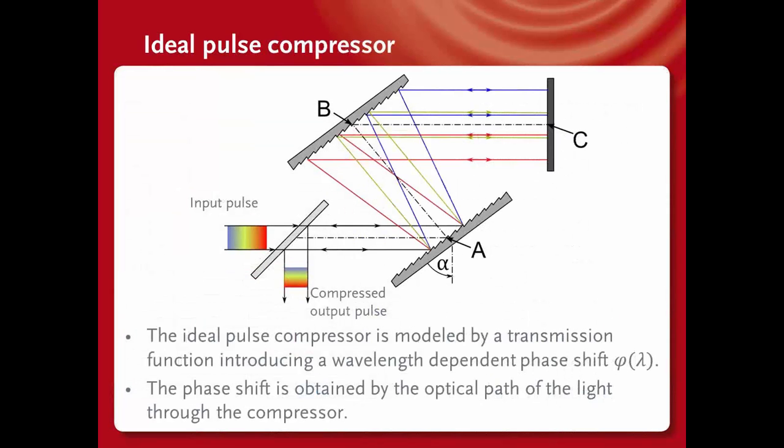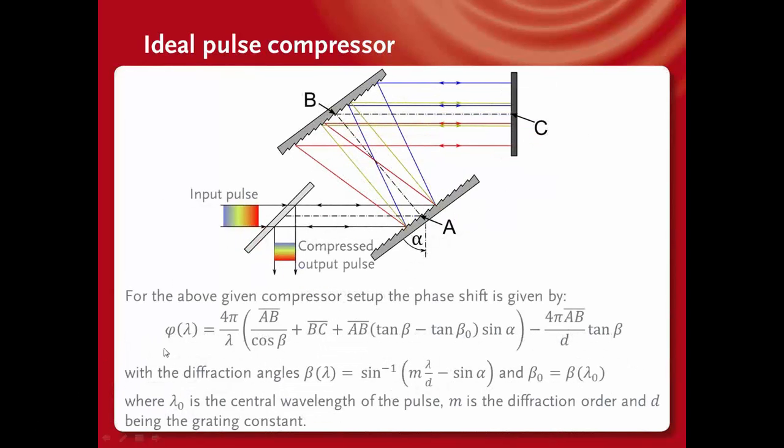In the same way, we have realized the pulse compressor. It consists of two gratings and a mirror, and again you can write an analytical formula for the phase shift depending on the wavelength, which is introduced by this pulse compressor.